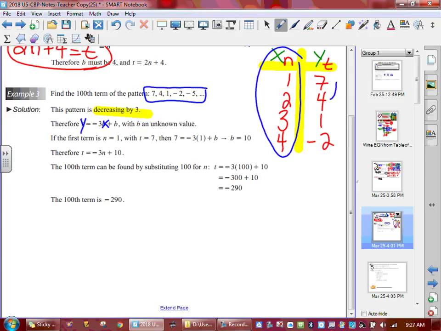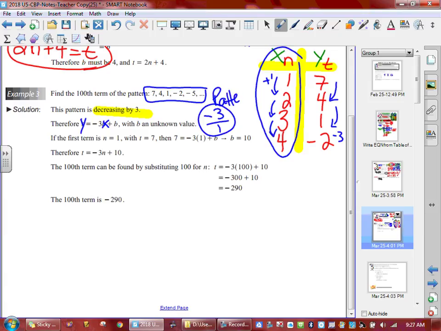So here, we're subtracting 3 the whole time. That's what we're doing. And this guy, what are they going up by? These guys are adding 1. So we've got a subtract 3 over a positive 1. This becomes our pattern. So that number is always written in front of the n or the x.